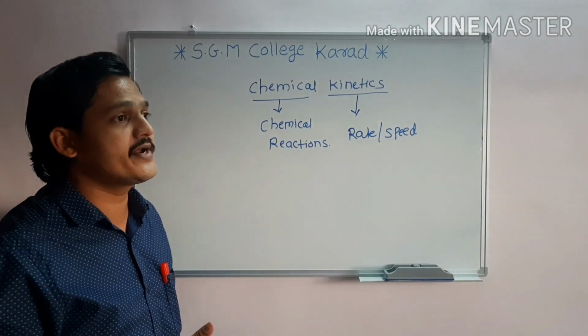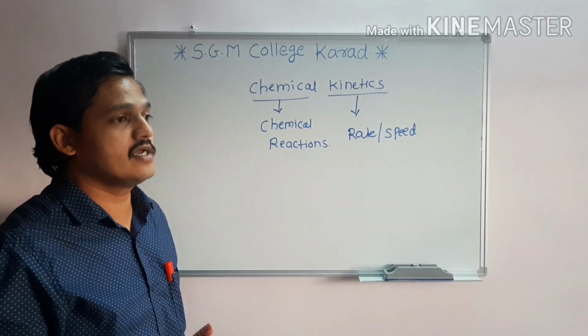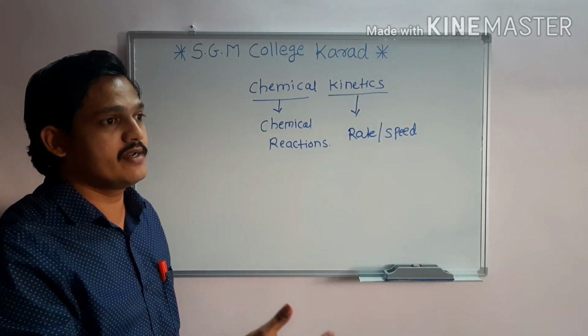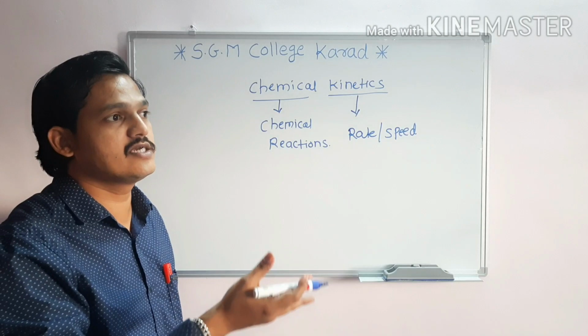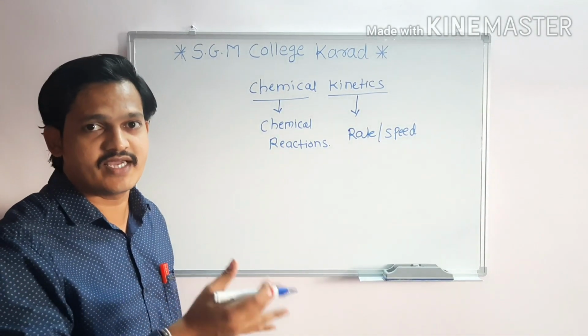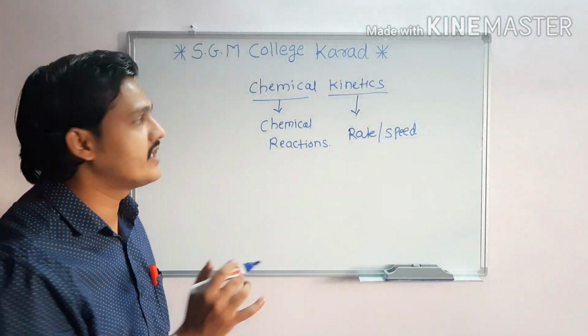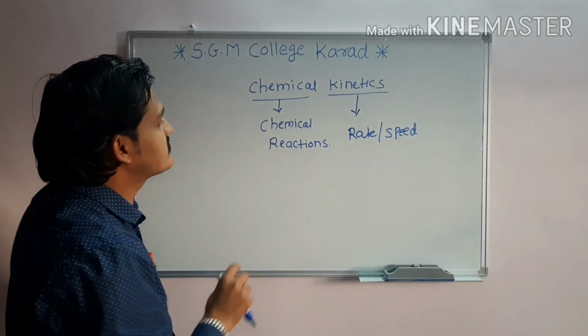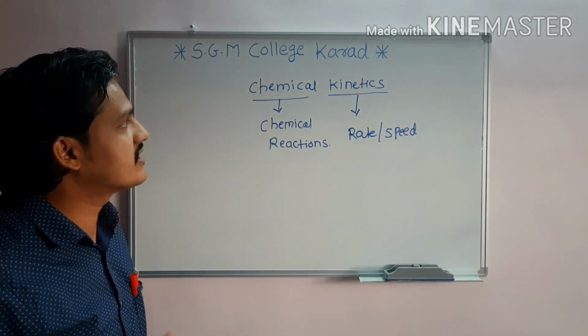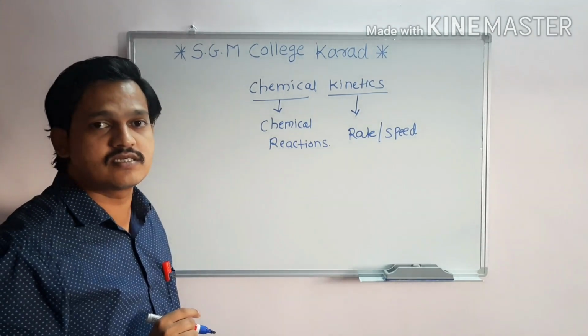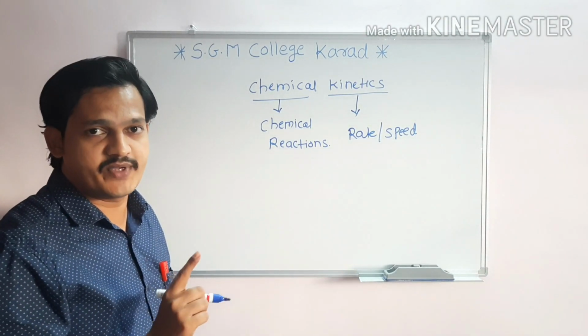What is meant by rate or speed? Let us say I am telling you my speed of my bike is 40 km per hour. That is also called rate, the speed of an object. So the word chemical is associated with chemical reaction and the word kinetics is concerned with rate or speed.